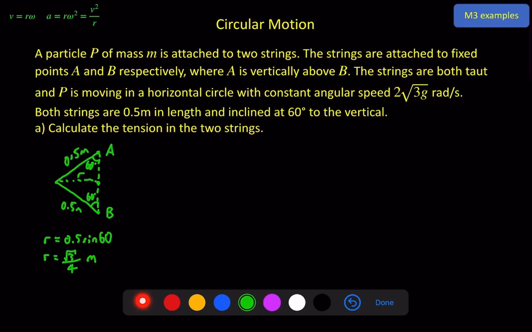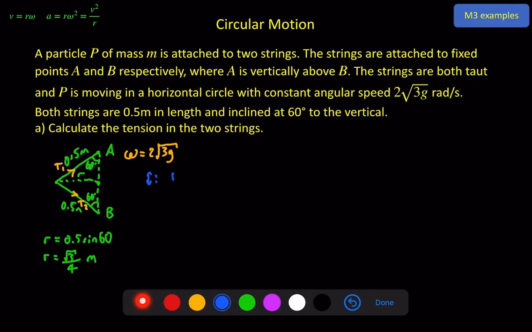Both strings are taut, so we've got a tension here, call that T1, tension here, which is perhaps obviously different, T2, and we know the constant angular speed is 2 root 3g. And here we're going to do the same thing as we've been doing. We're going to resolve vertically.